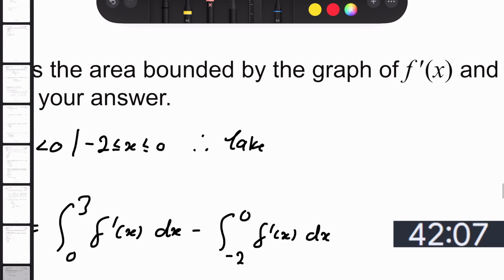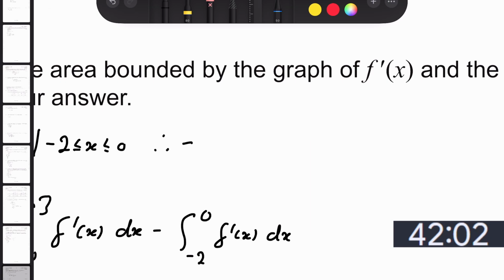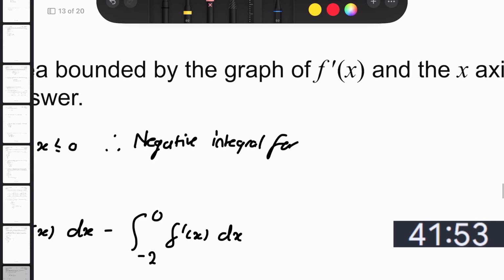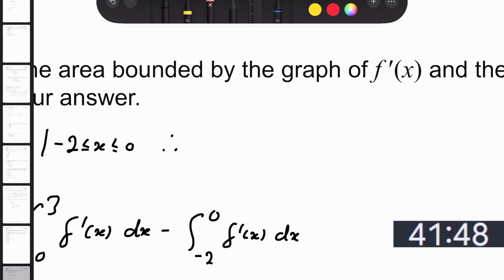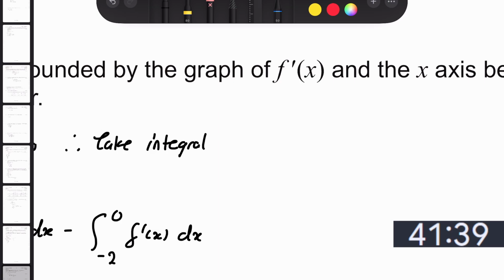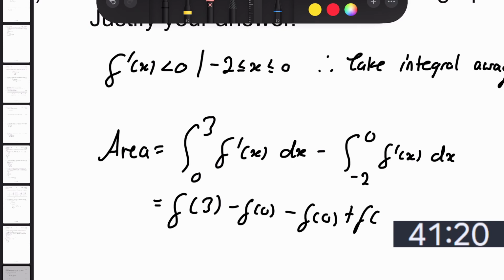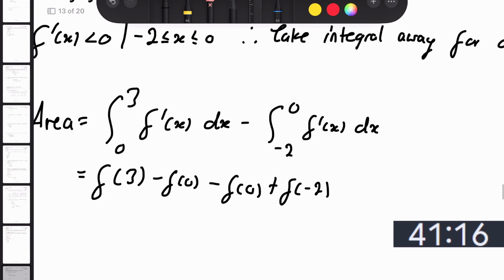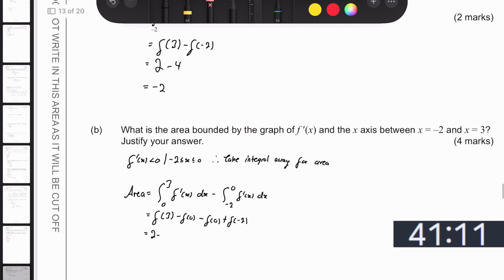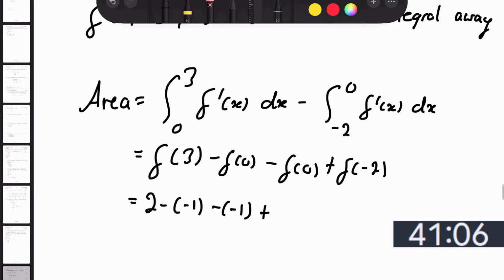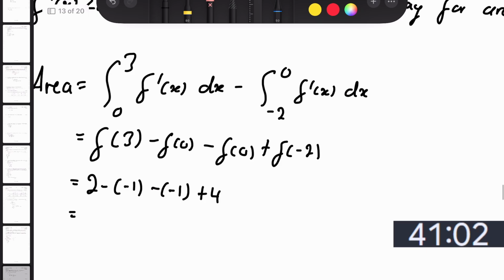Therefore, take negative integral for area. But this becomes f of 3 minus f of 0 minus f of 0 plus f of negative 2. It's going to be 2 minus f of 0 is negative 1, negative 1 plus, and then f of negative 2 is 4. So this becomes 8 units squared.